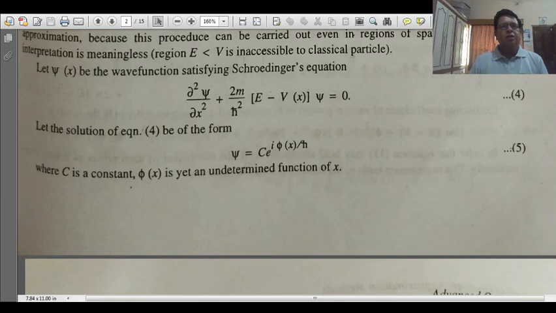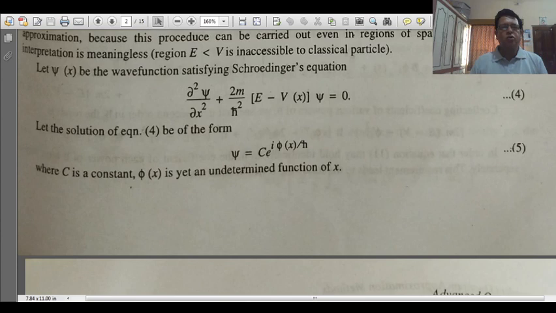Now let psi(x) be the wave function which satisfies the Schrodinger equation. The one-dimensional Schrodinger equation is given by d2 psi upon dx2 plus 2m upon h cut squared (E minus V(x)) psi equal to 0. The well-known solution is psi equal to c e raised to i phi(x) upon h cut.